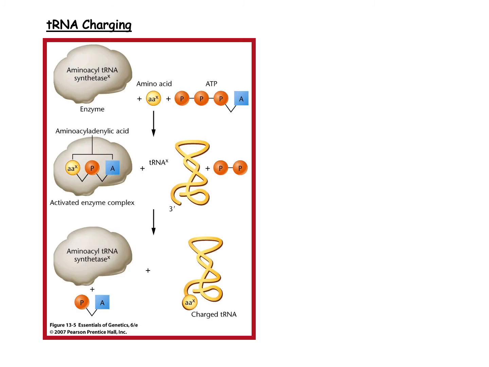The tRNAs are also recyclable. Every tRNA that has donated an amino acid can be utilized to participate in protein synthesis once again, simply with the addition of another amino acid. There are a family of enzymes that are referred to as amino-acyl tRNA synthetases.